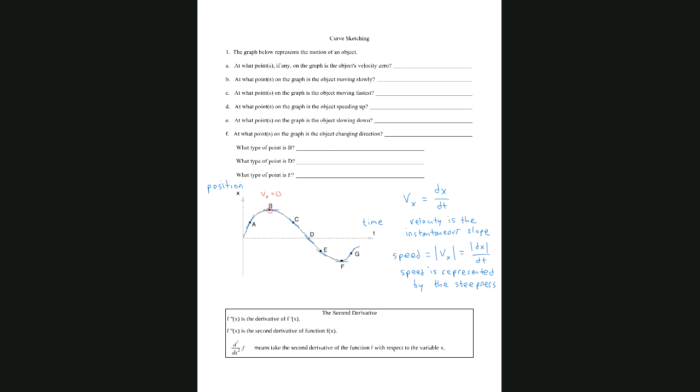There's one other point where we see where the velocity might be zero, and that is F. At F, the velocity of the graph is zero. Okay, so let's put those 2 points down as answers for A.